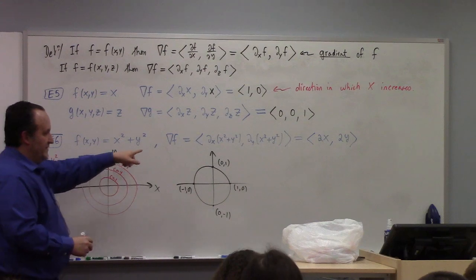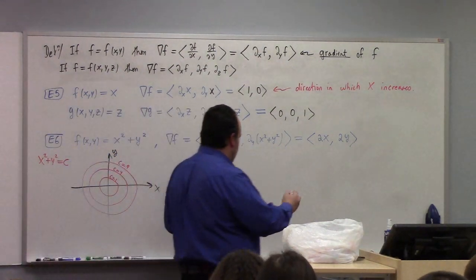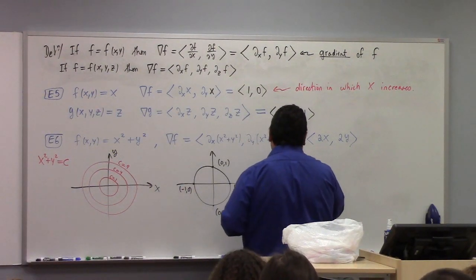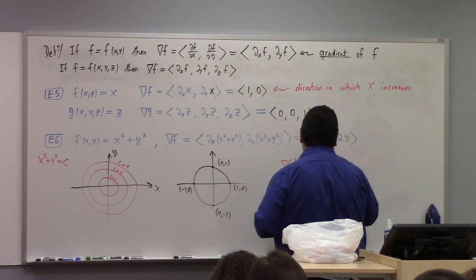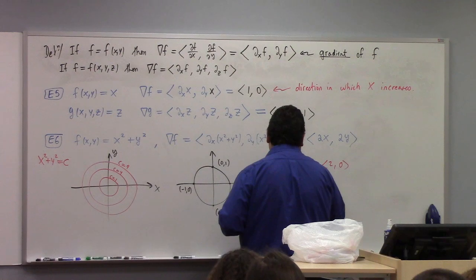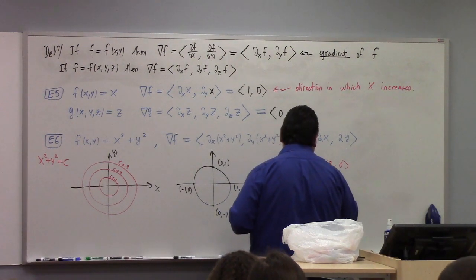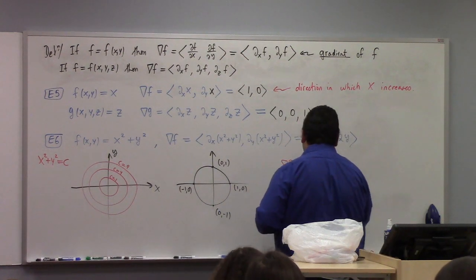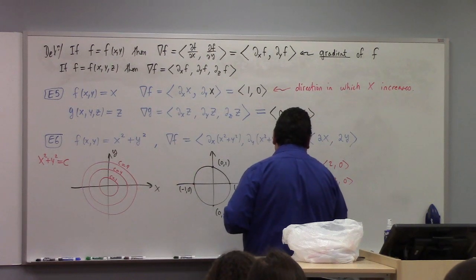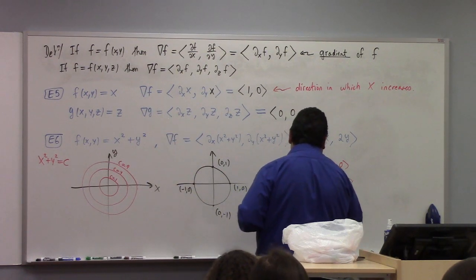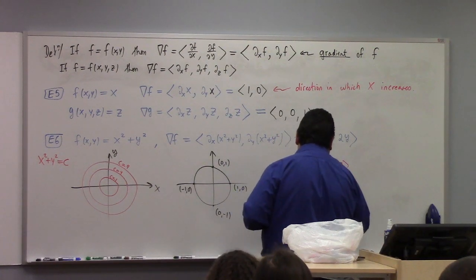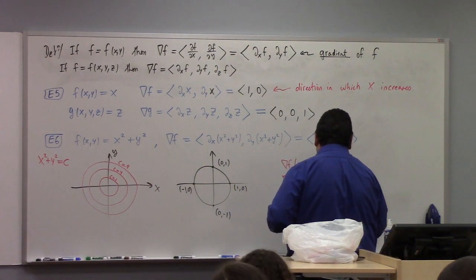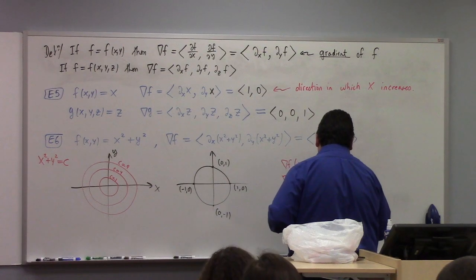Gradient of f at 1, 0 is what? 2, 0, right? Gradient of f at minus 1, 0, where does it point? Negative 2, 0. Gradient of f at the point 0, 1, where does it point? 0, 2. And at 0, minus 1, it's 0, minus 2, right?